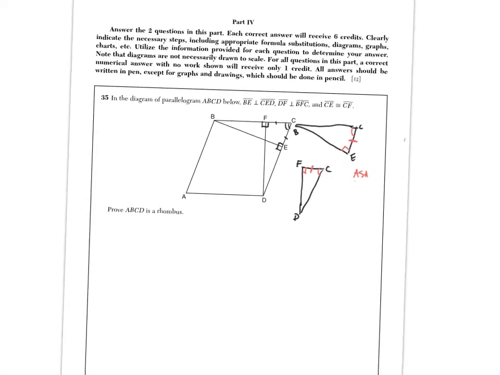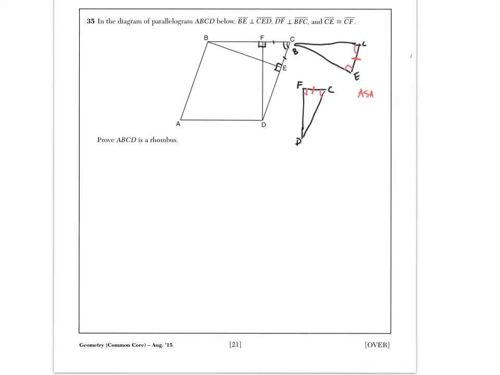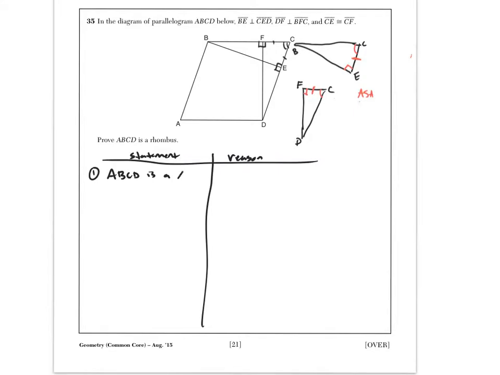So I'm going to zoom out a little, move this on up, and let's write this proof out. We have our statements, and we have our reasons. The first step is always to rewrite your givens. So ABCD is a parallelogram.